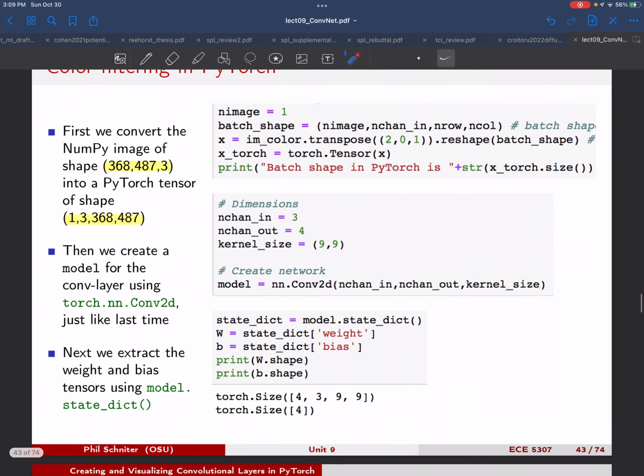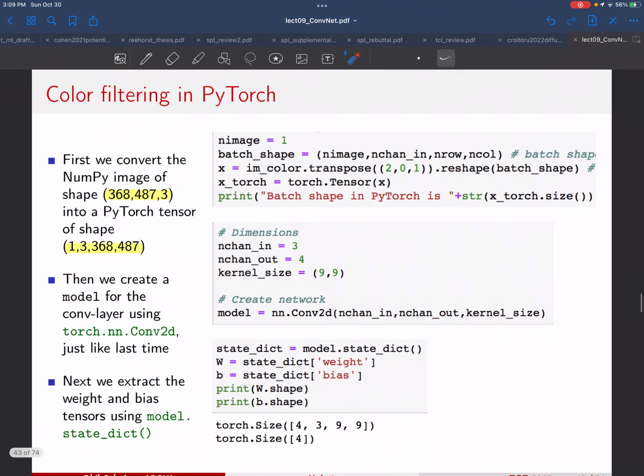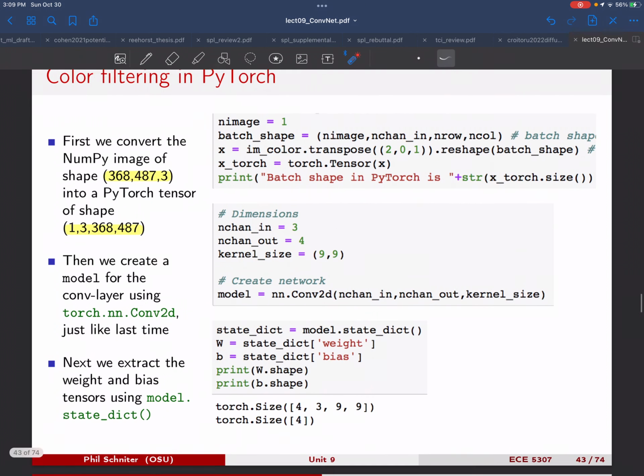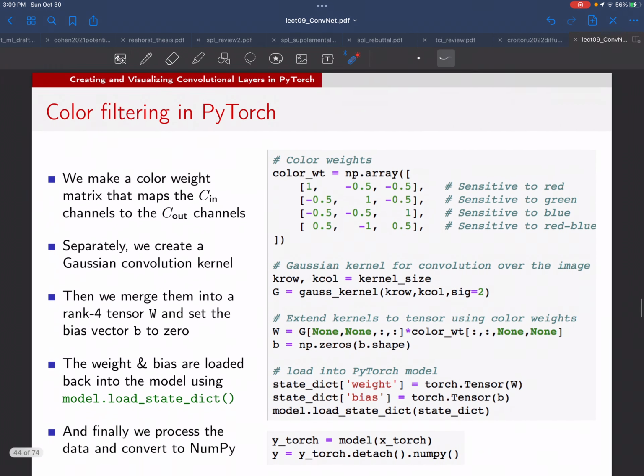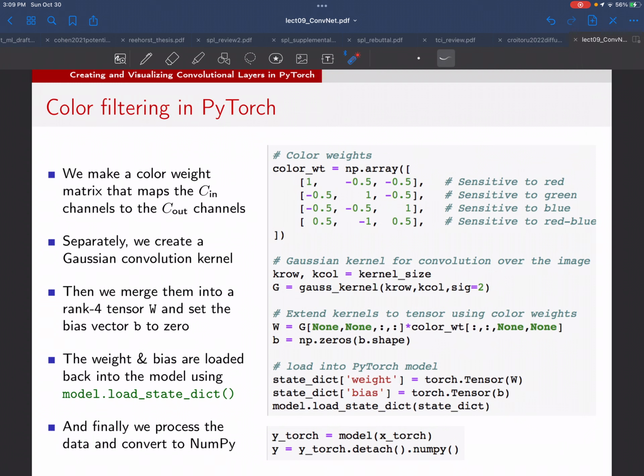Okay, so now we want to overwrite the weights and the biases with the values we want. This is a clever approach that uses PyTorch broadcasting, actually NumPy broadcasting.